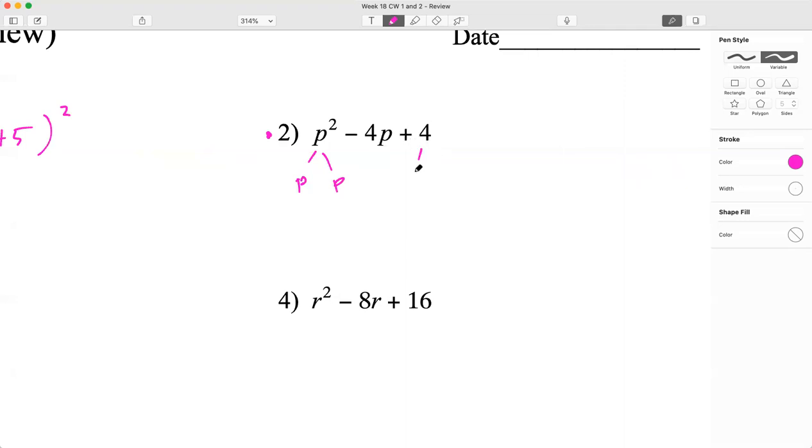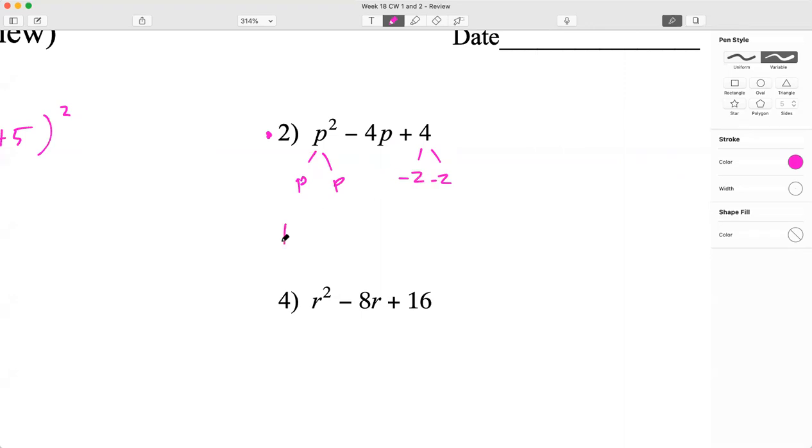And so you know that that is 2. So 2 times 2. Now what we have right here is a negative 4 there. So that means that we're going to have to use -2 and -2. Remember, for a positive number here, both numbers can be negative or they can be positive. Those are two possibilities there.